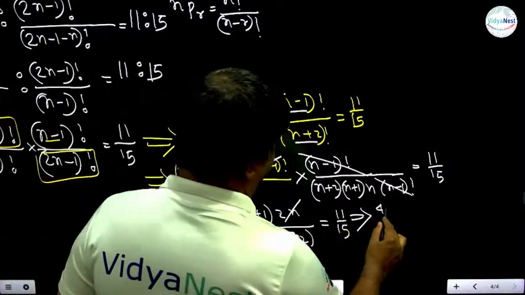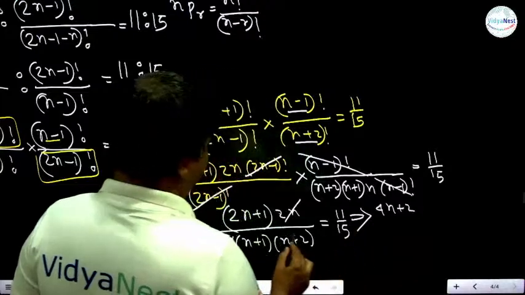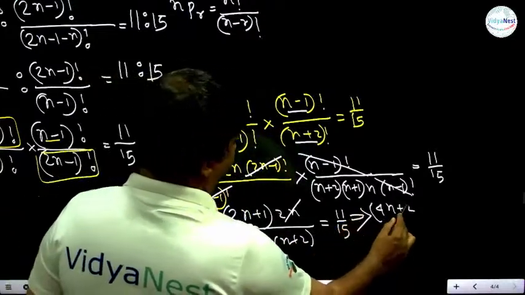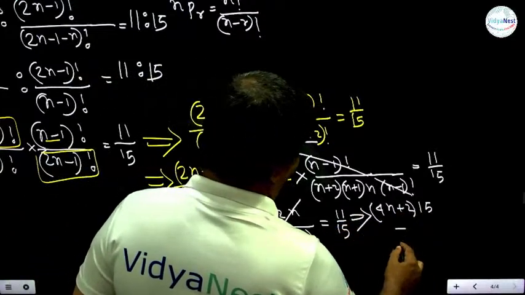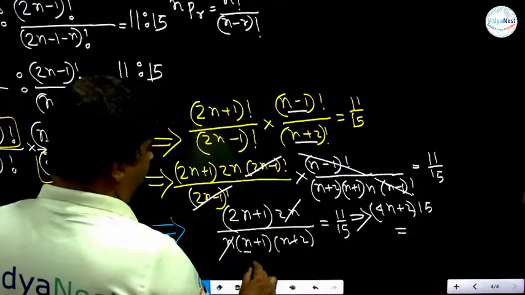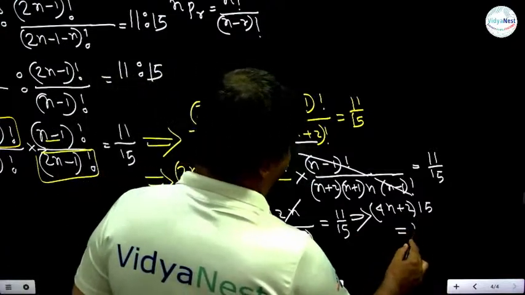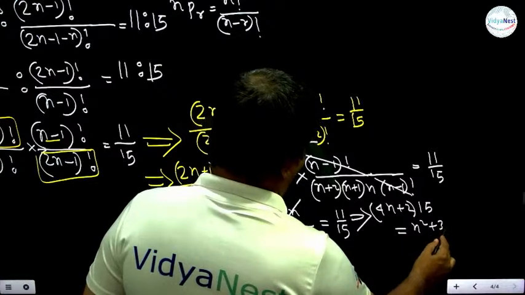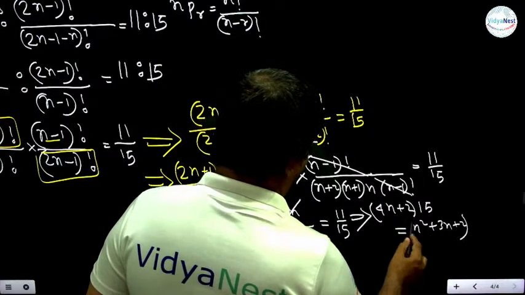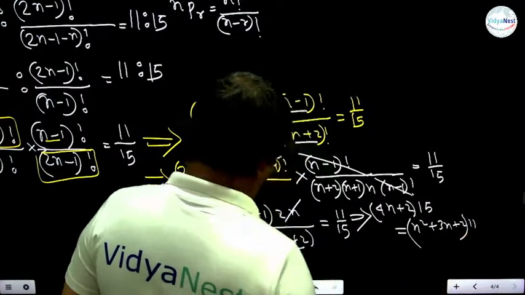Now we have nothing but to open. 4n plus 2 into 15 plus, if you multiply this, n square plus 3n plus 2 into 11.